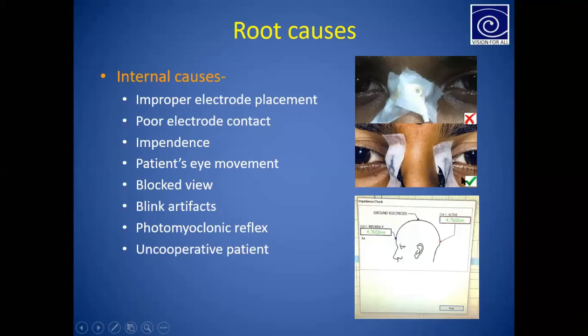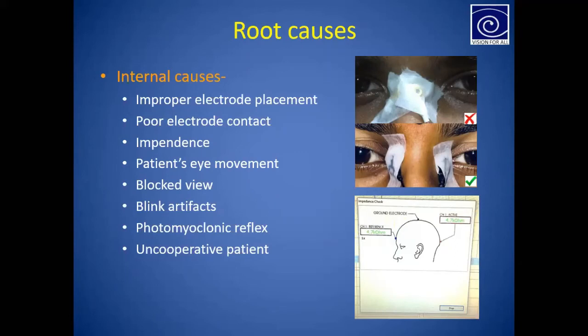Poor electrode contact, due to dusty skin or insufficient conductive gel, will cause poor impedance.